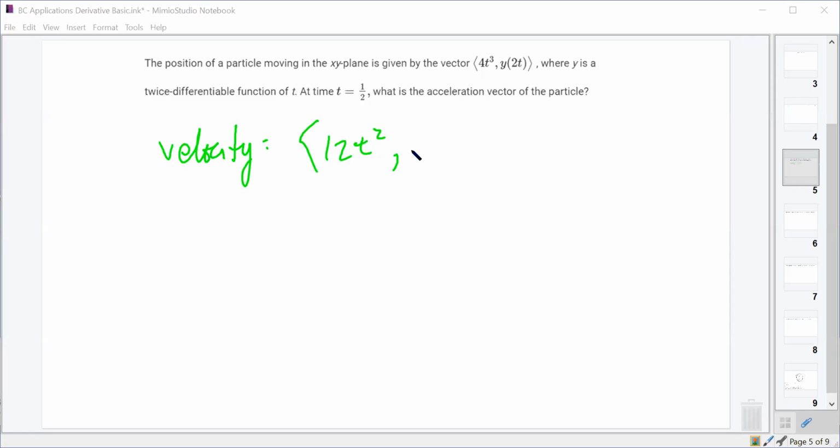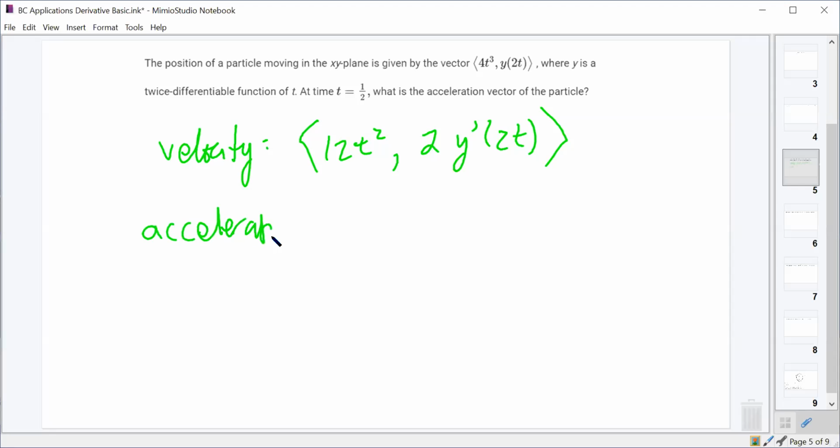That should be 2 times y prime of 2t. Yeah? Everybody good with that? And what should our acceleration vector be?